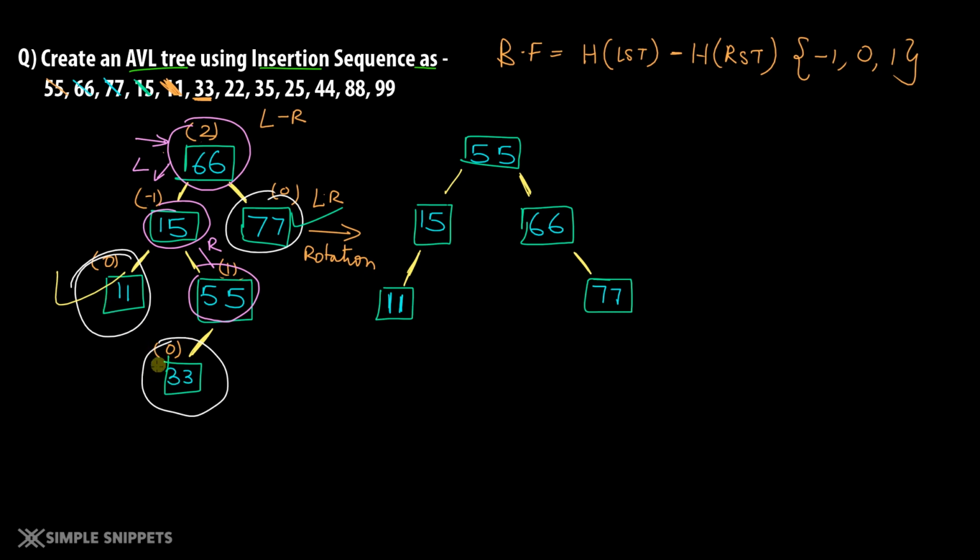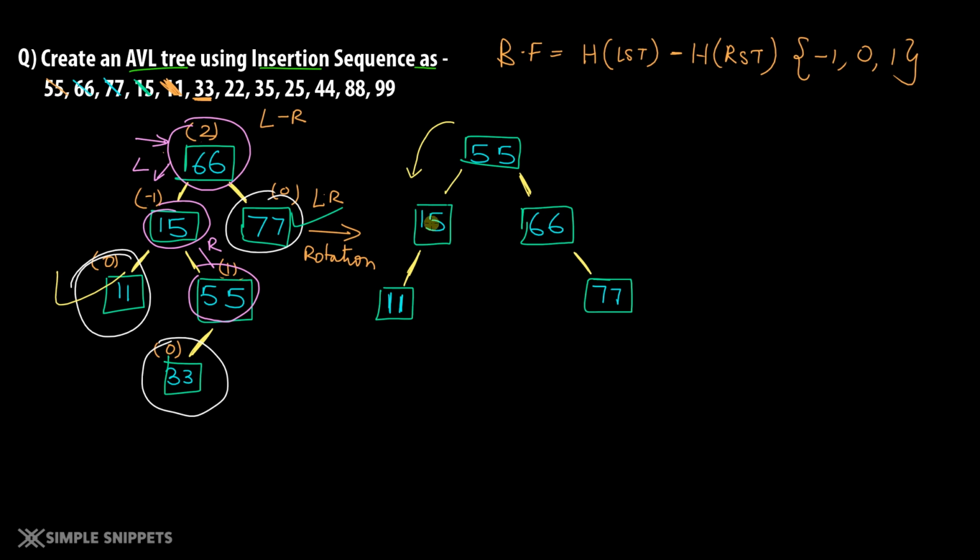Now what is left? Now 33 is left. 33 is towards the left of 55. But if you see now, 55 has become the new root, and towards the left of 55 we have 15. But as I mentioned, we have to maintain the relative position. So 33 obviously has to go to the left only because 33 is smaller than 55. The binary search tree principle also has to be maintained. So we'll go to the left, but over here we have 15.